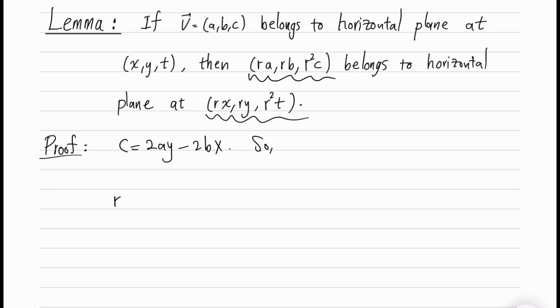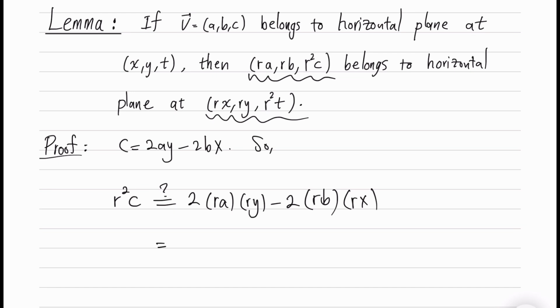So the new c is r squared c. And we want to check whether that is equal to 2 times a, 2 times ra, the first component of the vector, times y, which is ry in this case, minus 2 times b of the vector, that is the second component of the vector, times x, the first component down here.